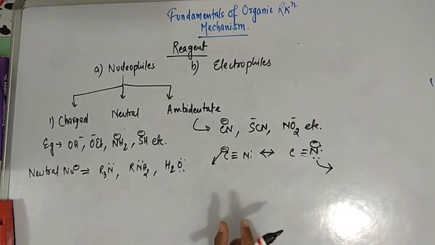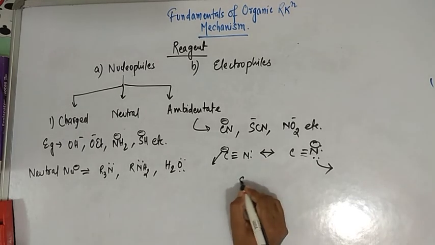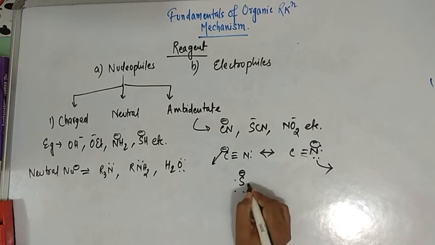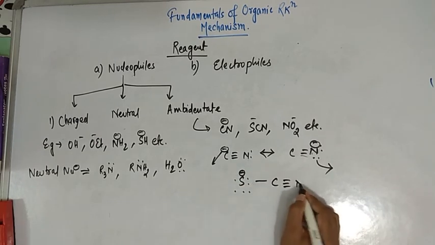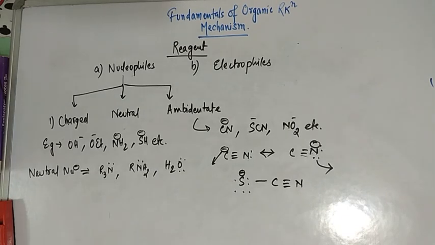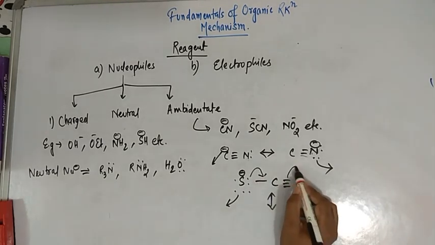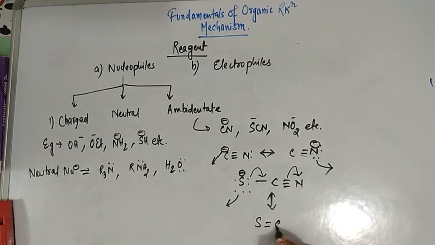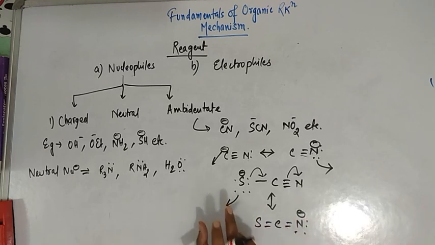So this type of special nucleophile is called an ambidentate nucleophile. Another one is SCN. It can attack from the sulfur end as well as from the nitrogen end. So these are the special nucleophiles where both ends can attack.